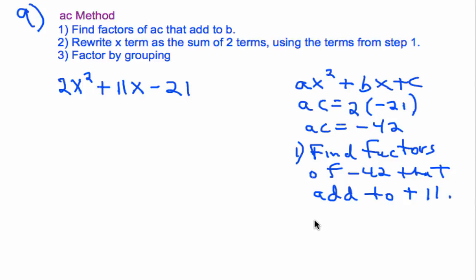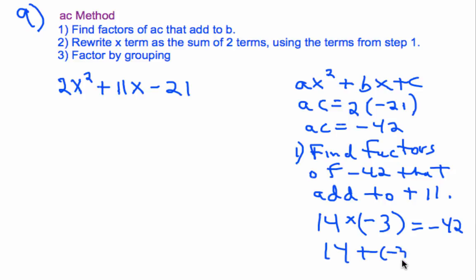Well, you may have to play around a little with it, but the answer turns out to be 14 times negative 3 equals negative 42, and 14 plus negative 3 equals positive 11. So our two numbers are 14 and negative 3.